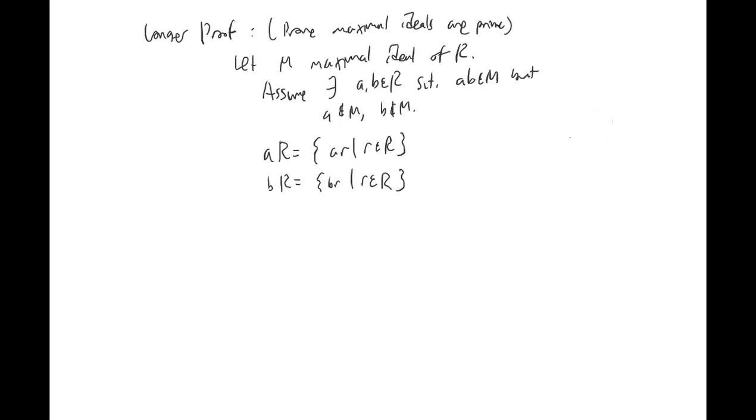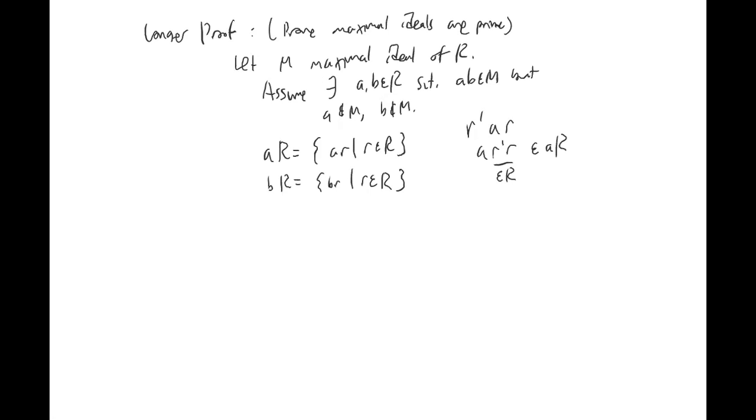And since R is a commutative ring with unity, if I multiply some r' by Ar, I could commute and say this is r'r, which is just some element in R. So this is again an element in AR. So we have the absorbing property.